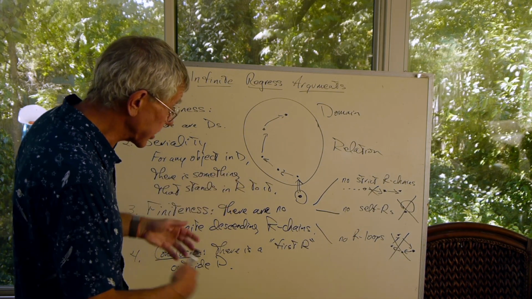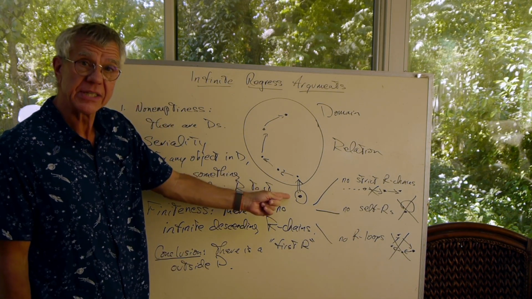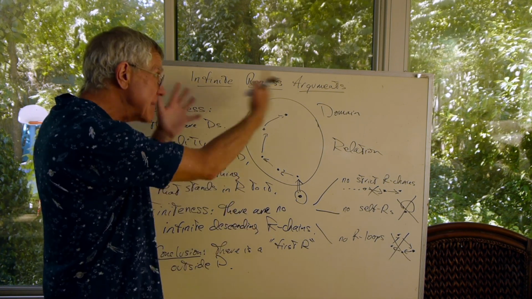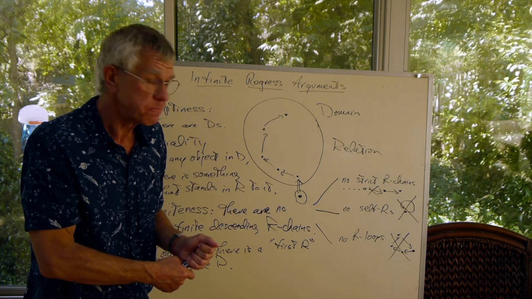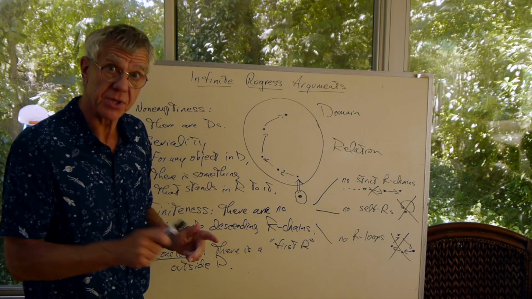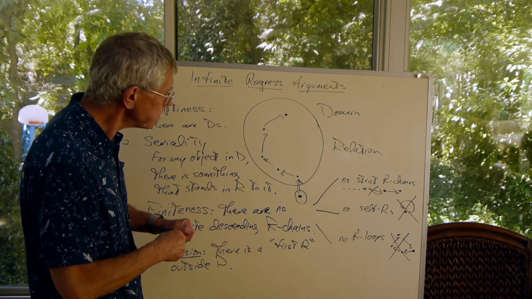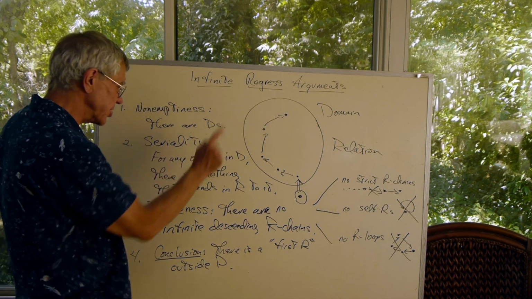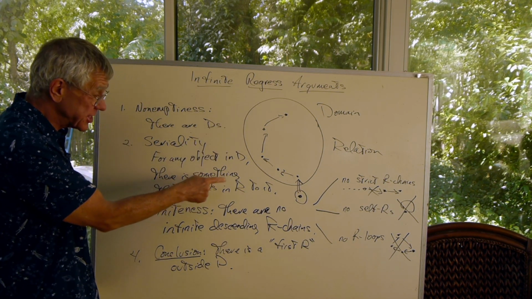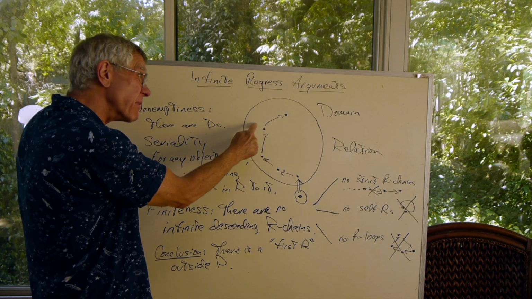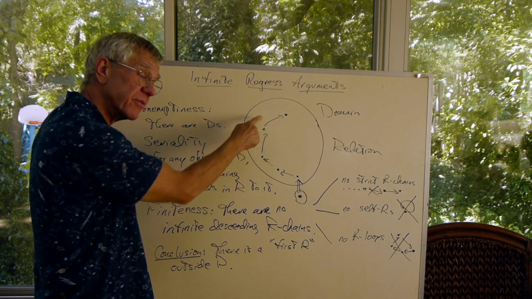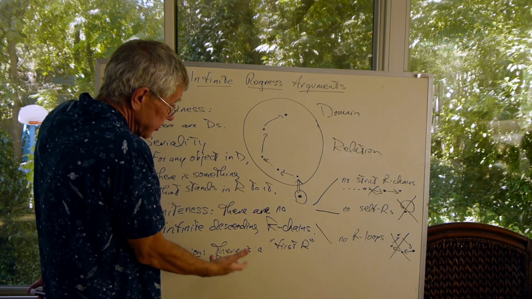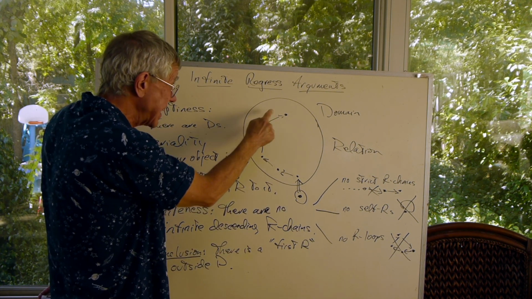Sometimes people are going to construct arguments where they really want a unique object here. But in other cases, they're fine with many things being outside of that domain. And so we're going to see lots of examples of that as well. But it is important to remember, though I'm talking about there being things in the domain, and then there's something that stands before in this relation to each of those things, in the end, we get something outside, but it might be many things.